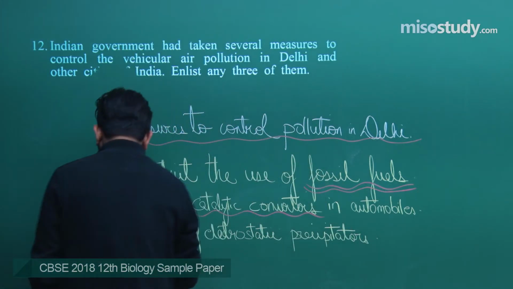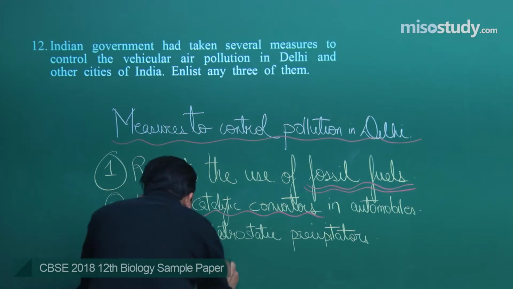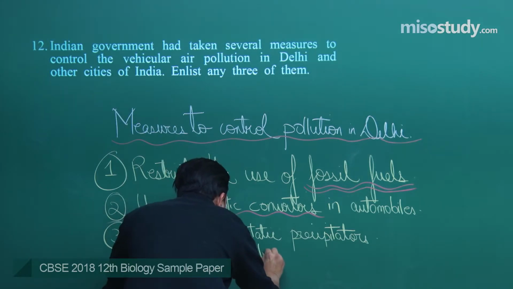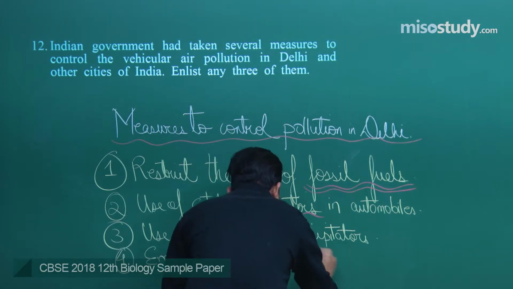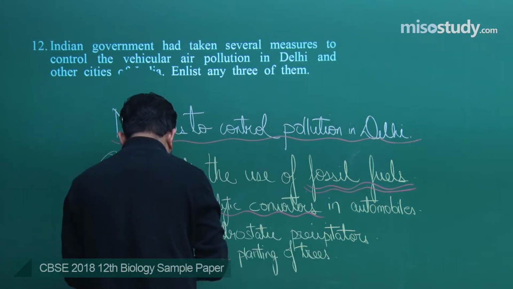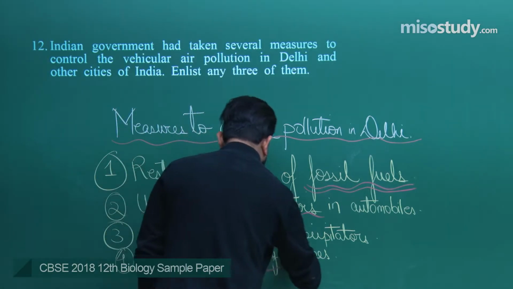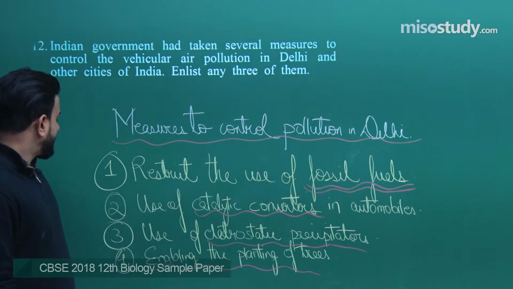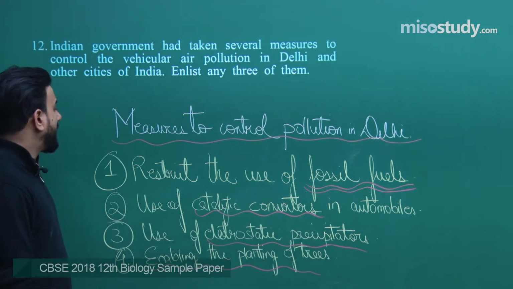And the fourth one, enabling the planting of trees. Right? So these can be measures. They have written, enlist any three of them. I've written four. Let us see this.